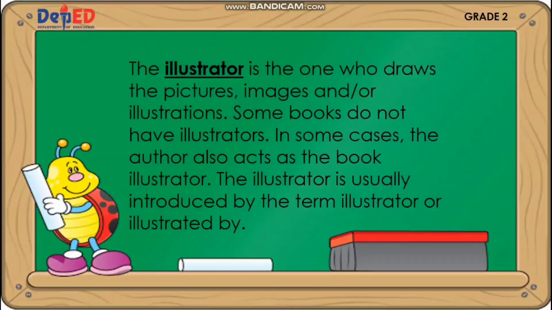Next, the illustrator. The illustrator is the one who draws the pictures, images, and or illustrations. Some books do not have illustrators. In some cases, the author also acts as the book illustrator. The illustrator is usually introduced by the term illustrator or illustrated by.